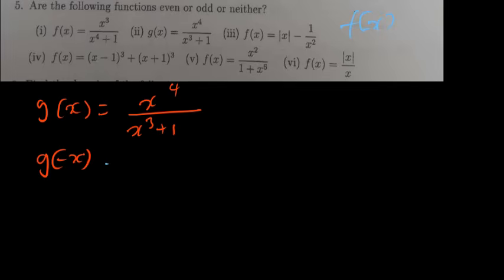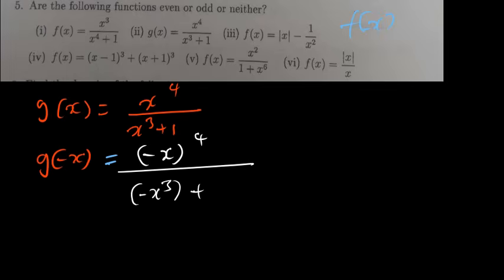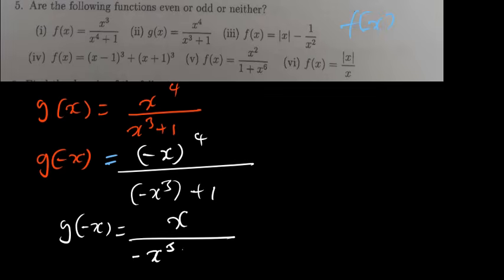So g of negative x is equal to negative x raised to the power 4 over negative x raised to the power 3 plus 1. Negative x to the power 4 is x to the power 4, and this is going to give me negative x to the power 3 plus 1.